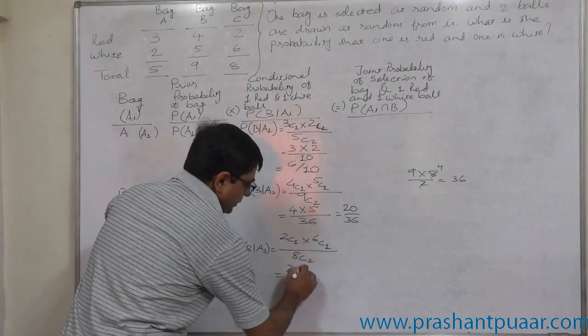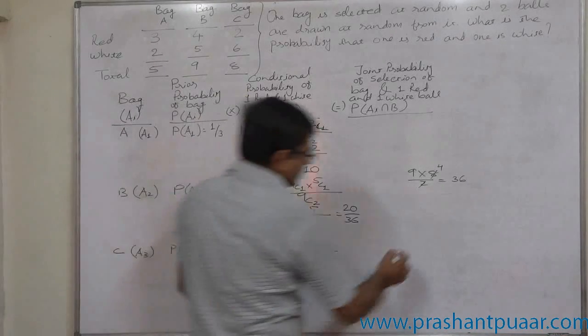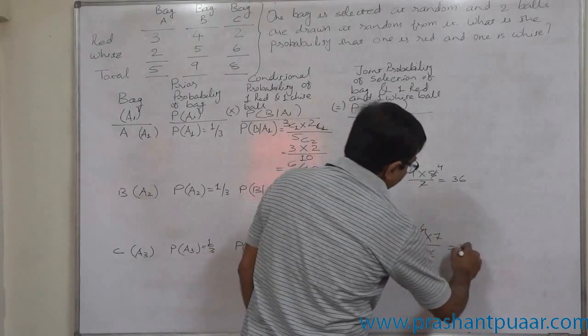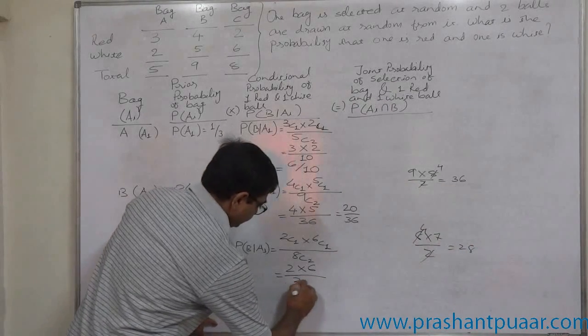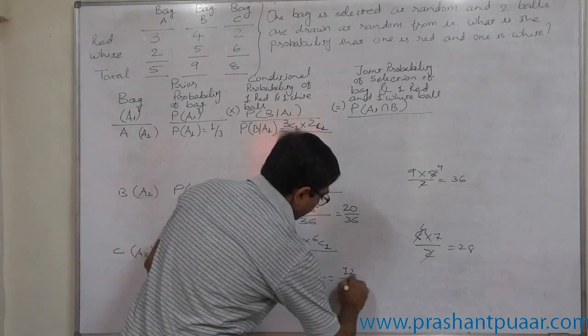Simplification gives us 2 into 6 divided by 8 into 7 divided by 2, that is 28. Yes, 12 divided by 28.